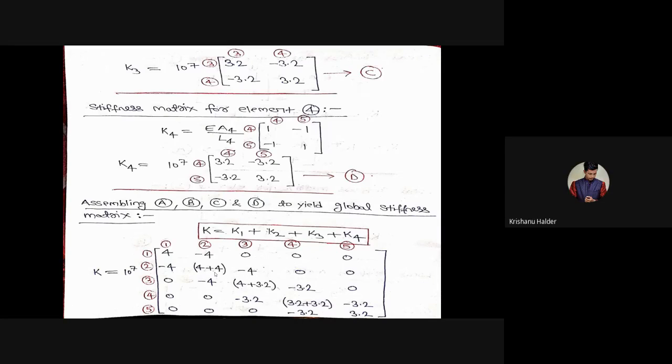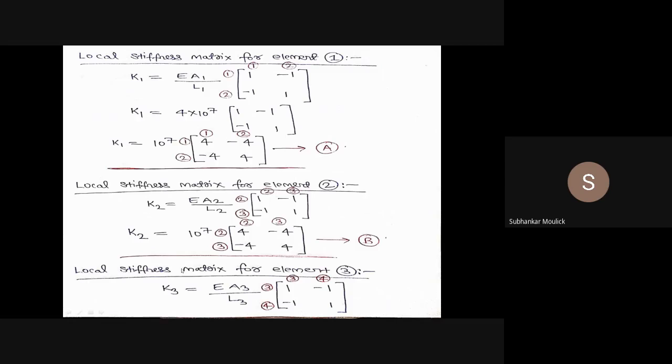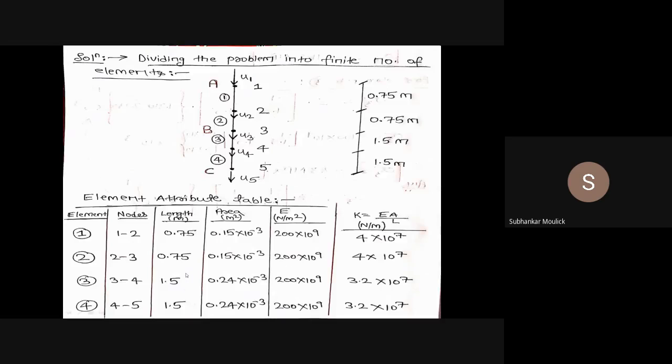Sir, 5 by 5. How you can say that it is 5 by 5? How you came to know it is 5 by 5? Sir, the number of nodes I have. Yes, yes. Always remember when I am solving the problem by direct stiffness method, the size of the global stiffness matrix is equal to the total number of nodes present in the problem.